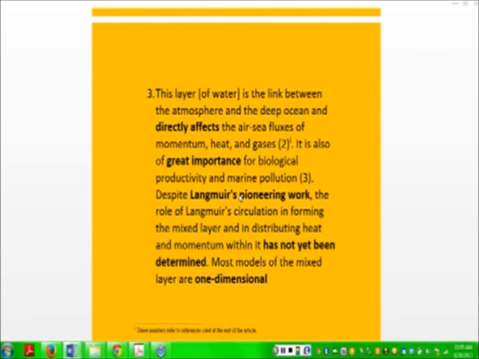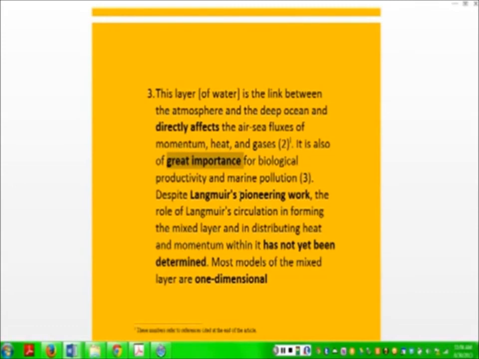So here the evaluation is pioneering. Pioneering could be a good positive evaluation, meaning that it was new work at the time, but in this case, despite, there's a negative comment.